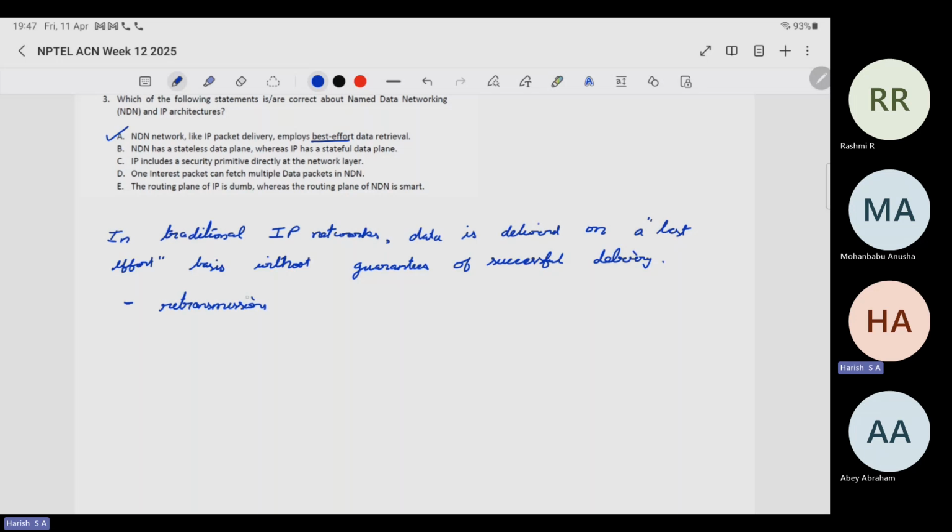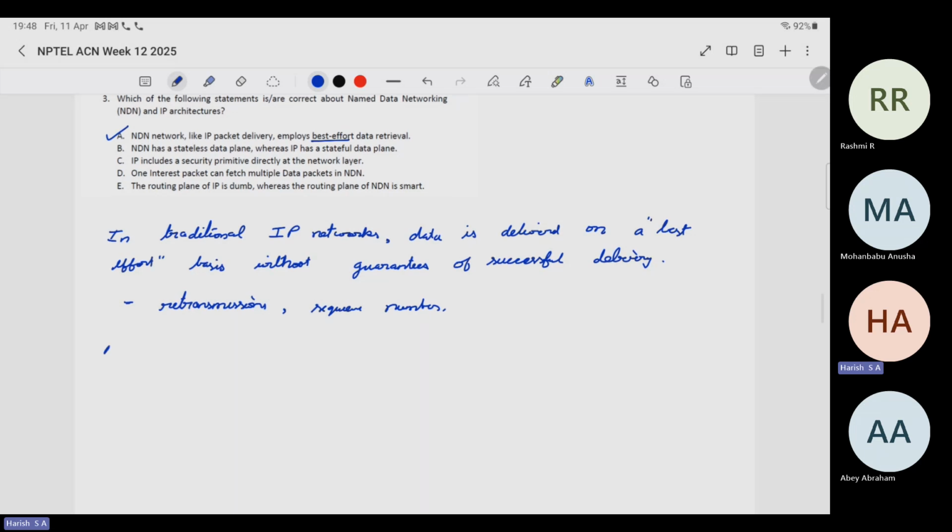I don't want to go back into the basics of TCP/IP, but retransmissions ensure that if any packet is lost, that particular packet is retransmitted. And how is this done? This is using sequence numbers, etc., etc. Right? So this is basically how traditional IP networks work.